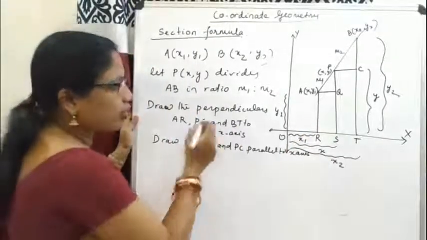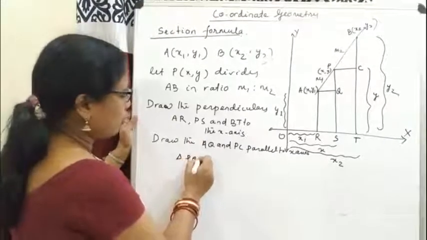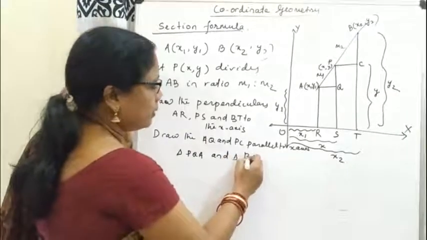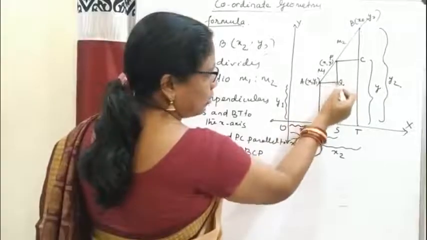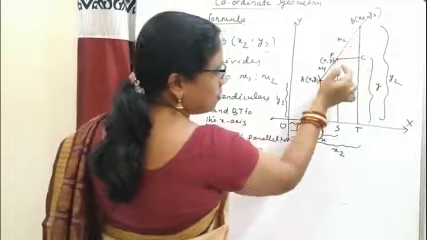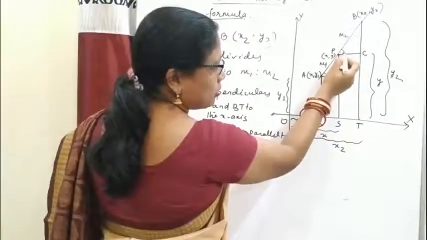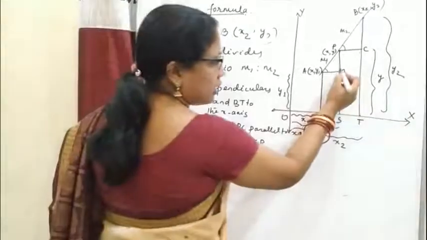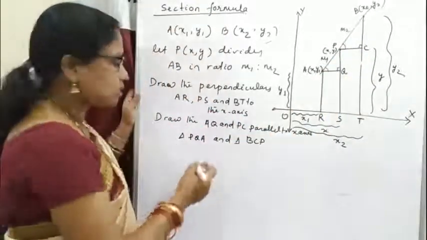So look at two triangles, triangle PQA and triangle BCP. PC is parallel to AQ, that means these two angles are equal. These are corresponding angles, and this angle is 90 degrees. So these two triangles are similar.